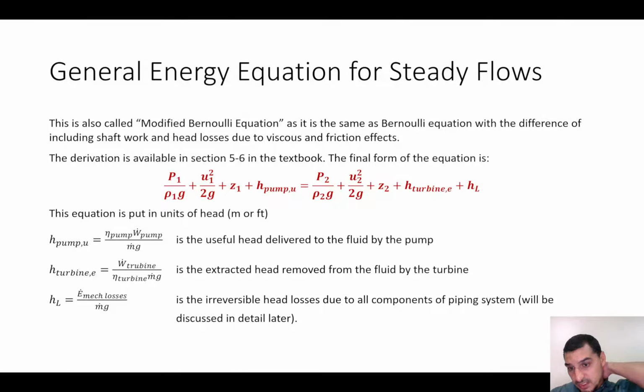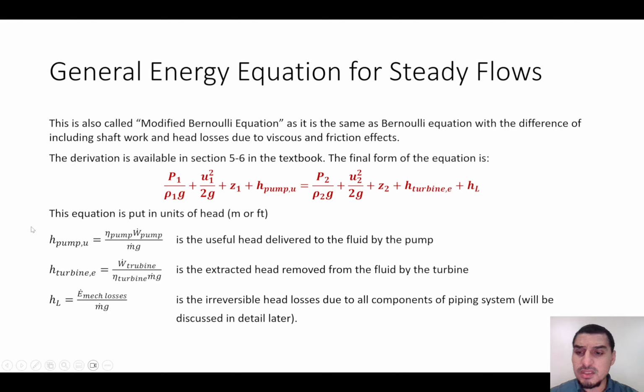So this is something that we are going to discuss in a lot of detail later. I'm going to keep it for later. For now, if we are going to solve some problems before we reach chapter 8, we will just say that the losses are given. We know the value of the losses, and we are just going to go through it.